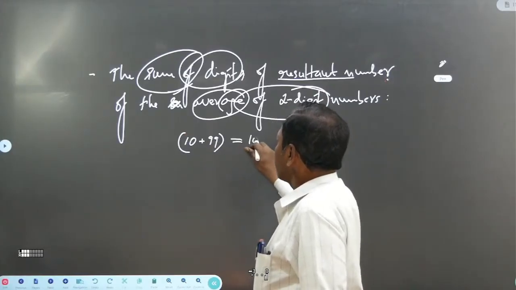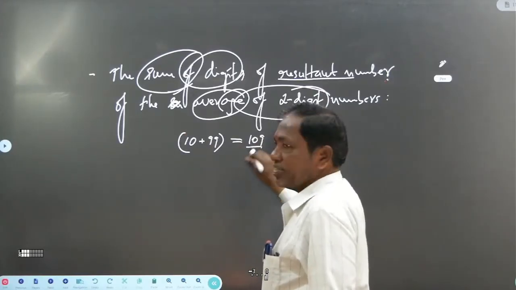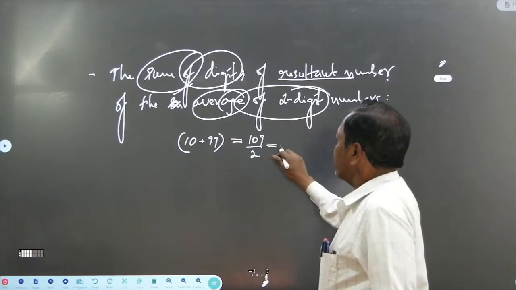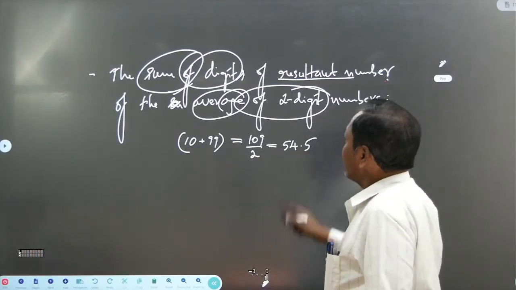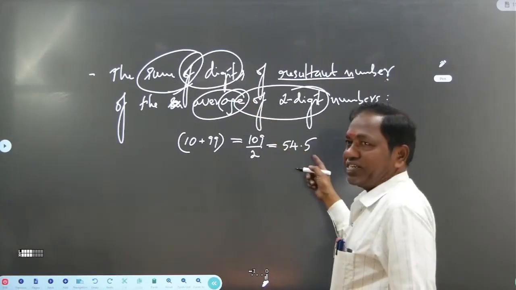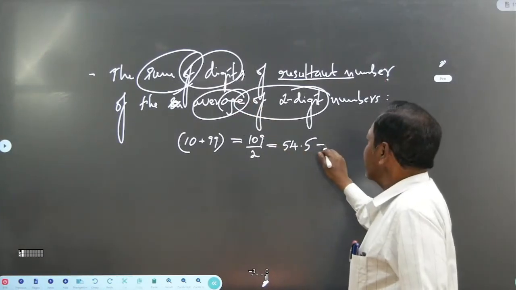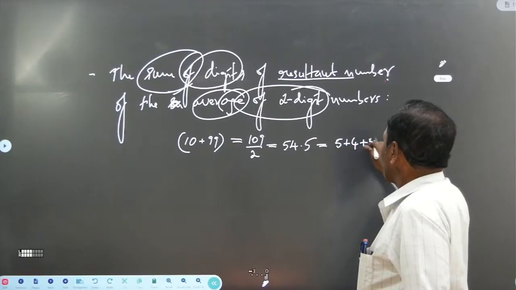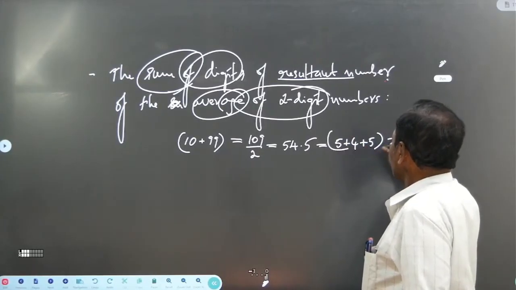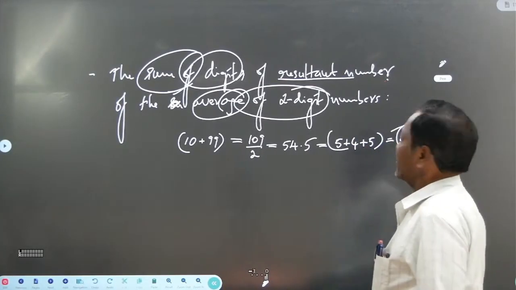Total 109 by 2, you will get it. What is the resultant number? 54.5. What is the sum of the digits of the resultant? 5 plus 4 plus 5. So it's 14. Right.